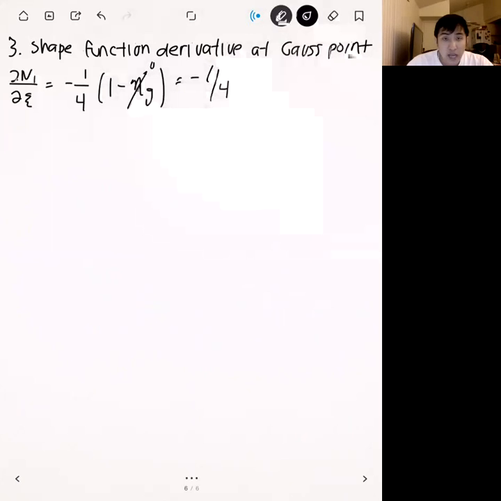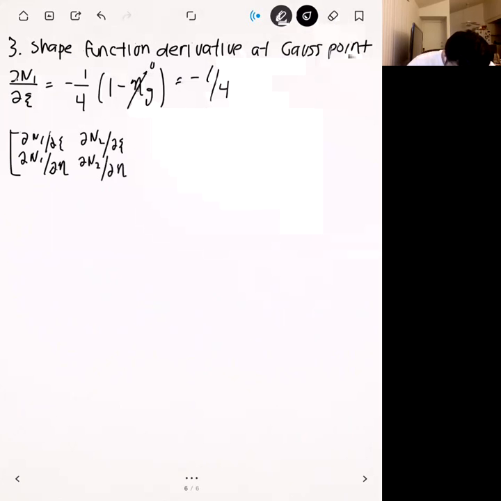In the end, we're going to have a matrix, so I'm going to put this into a 2x4 matrix. I'm putting it in this matrix form to make it convenient later on, because we're going to be performing a lot of multiplications with this matrix.